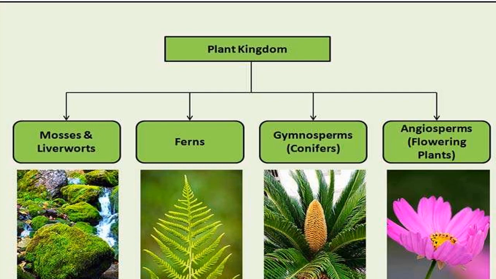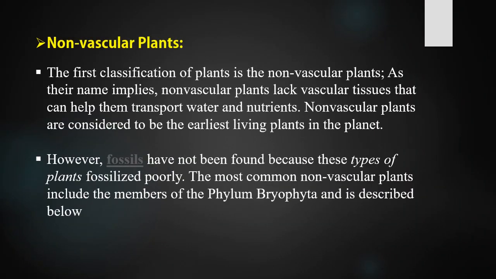Basically gymnosperm means the seeds which are present outside the fruit, and that comes in the classification gymnosperm. Angiosperm means what? We can say angio means seed, and sperm means the seed which is present inside the part of the fruit, right?